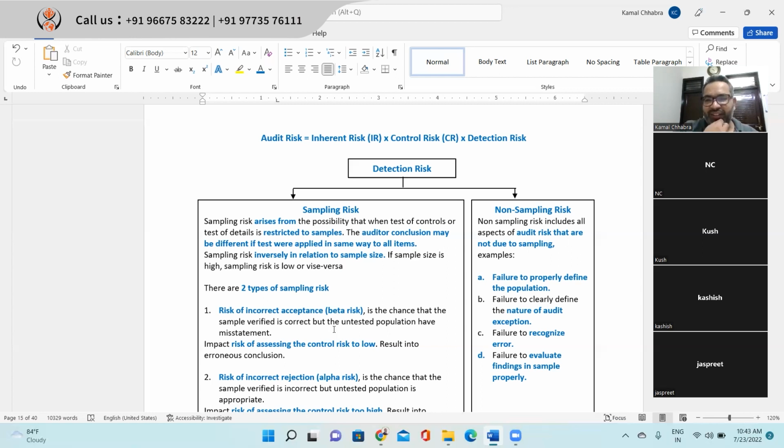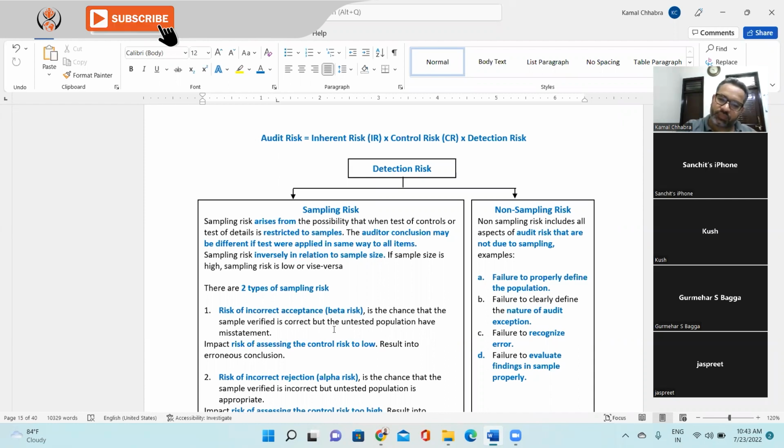What is inherent risk? Hope you guys remember. Any idea what inherent risk is? The risk which is inherent to the business, in the characteristics of that particular business: the nature of the business and the nature of the transaction, right? And what is control risk?